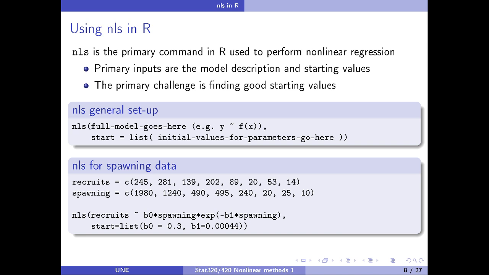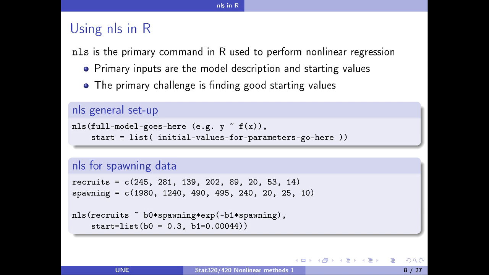Okay, so the general setup is you'll type NLS and you're going to have some parentheses. You're going to describe your model in a fairly standard way, y tilde f of x. But then you're going to say start equals list and plug in the initial values, your best guess for whatever your parameters are.